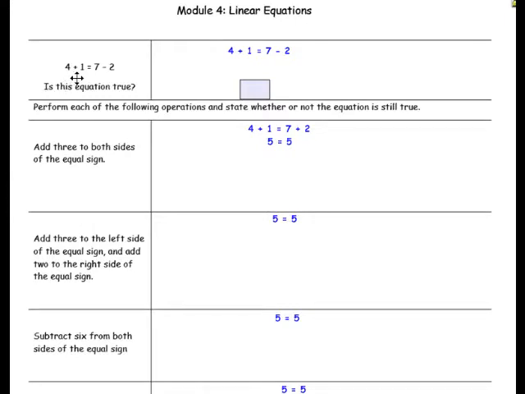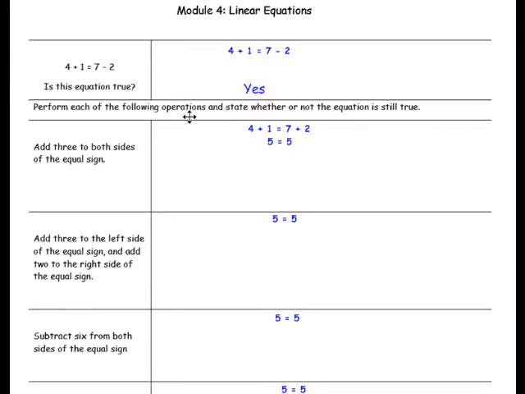So here we have an equation, 4 plus 1 on the left and 7 minus 2 on the right. Is this equation true? 4 plus 1 is 5. 7 minus 2 is 5. 5 equals 5. Since the value on the left is equal to the value on the right, this equation is true.